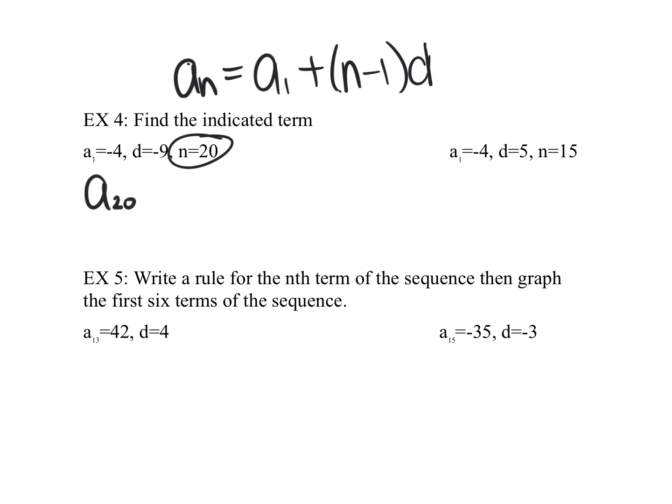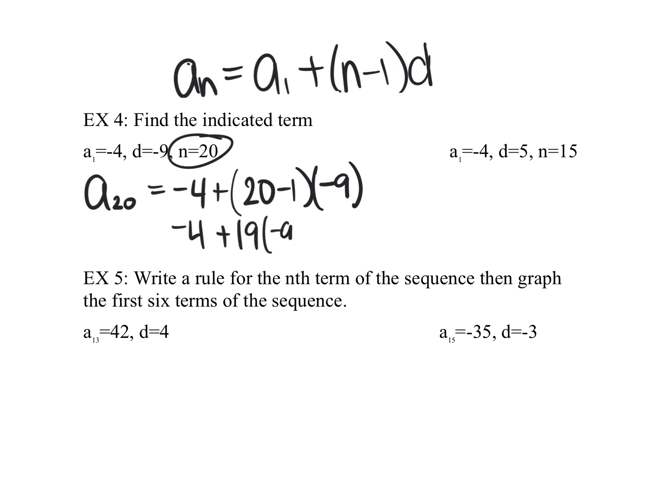The 20th term is equal to a1, negative 4, plus n minus 1, what's n? 20 minus 1 times d. What's d? Negative 9. That's negative 4 plus 19 times negative 9. Don't distribute if it's not a variable. Do the subtraction and then do the multiplication.